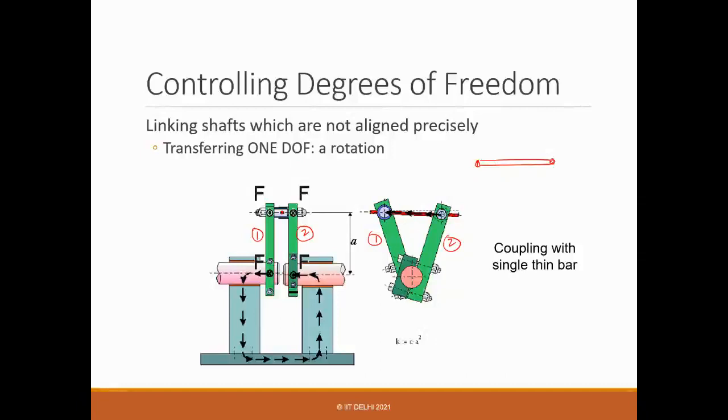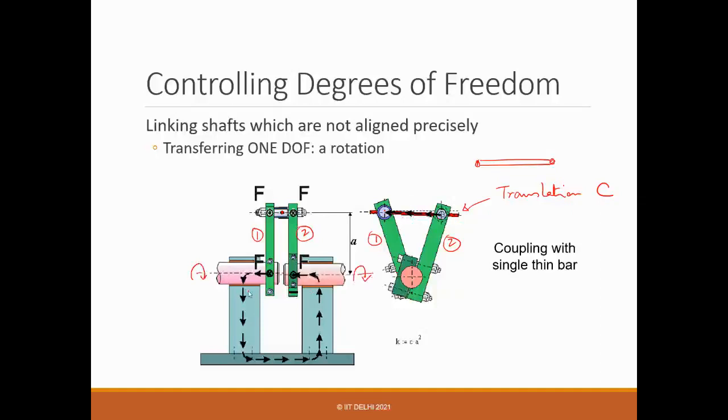Now what you can see is this is providing translational constraint along the tangential direction. And if it provides that tangential constraint, the rotation about this axis will be constrained too. Because as long as the translation is constrained at this point, the rotation is also constrained. With respect to each other, they cannot rotate.